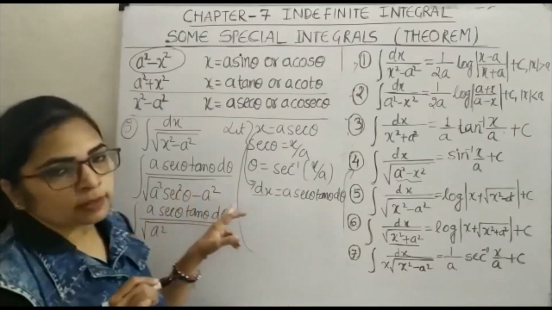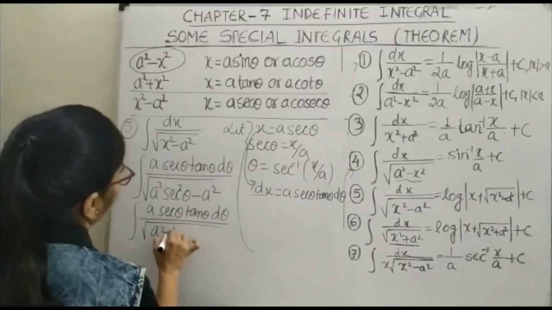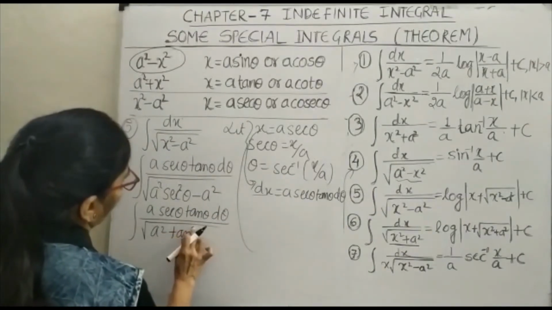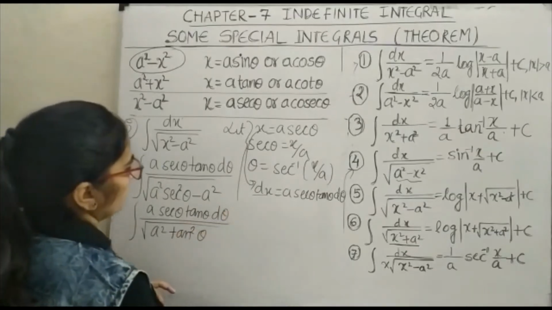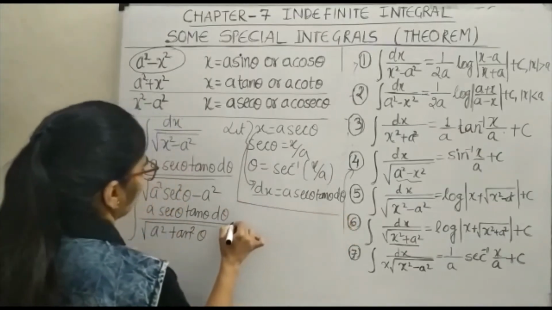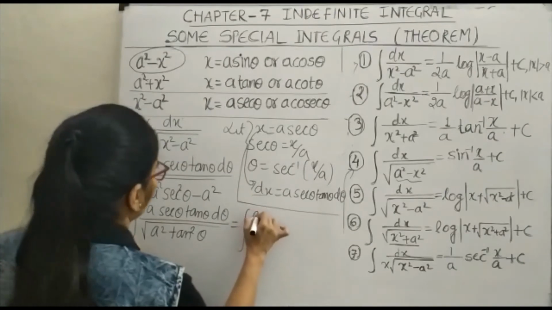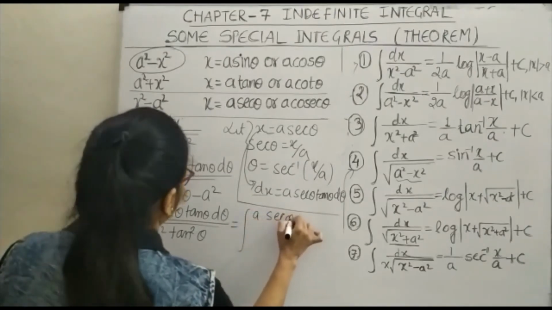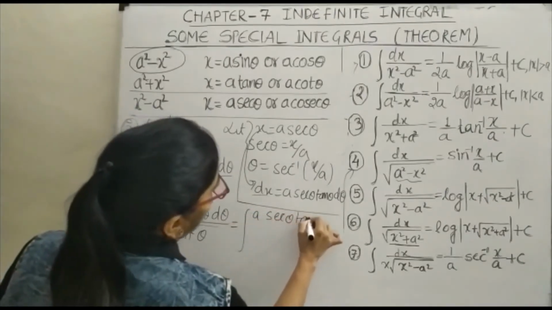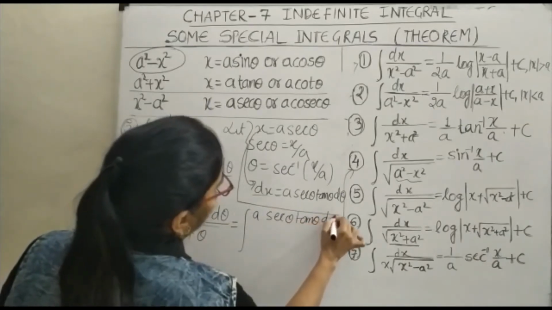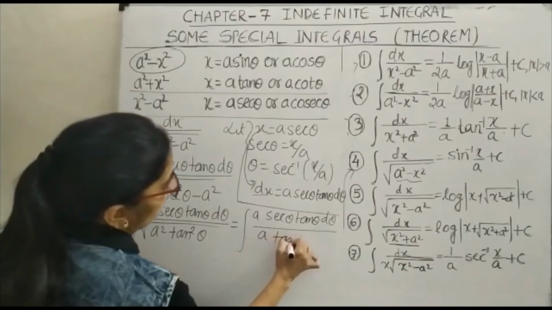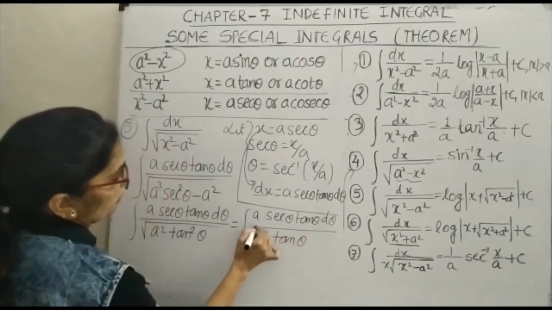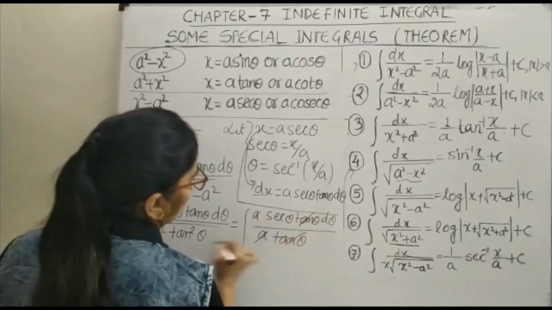What is sec square theta minus 1? Tan square theta. So this is your tan square theta. Now this takes the form a sec theta tan theta d theta upon a tan theta, right? Now just see a and a will be cancelled, tan theta and tan theta will be.